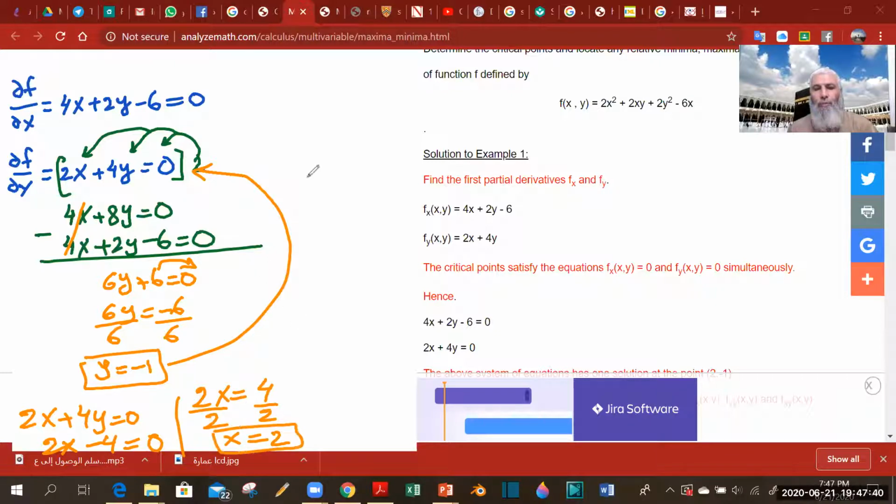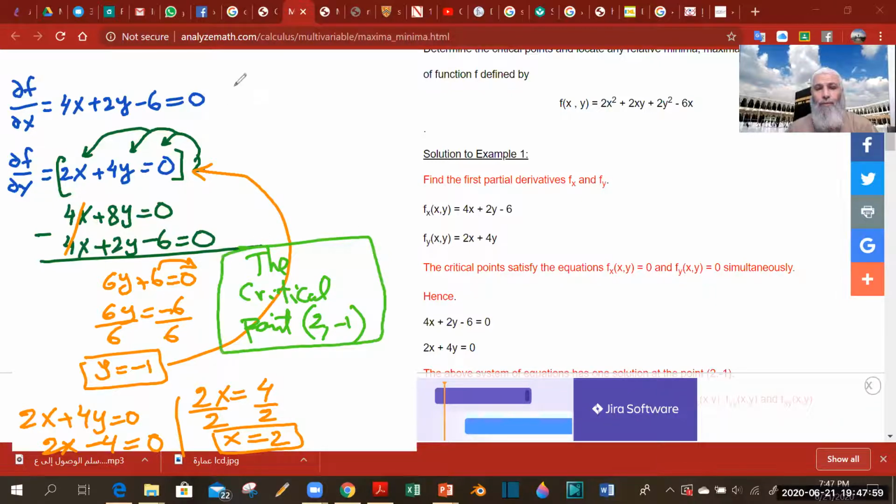Our critical point is x, which is 2, and y is negative 1. Okay? Yes. This is a critical point.